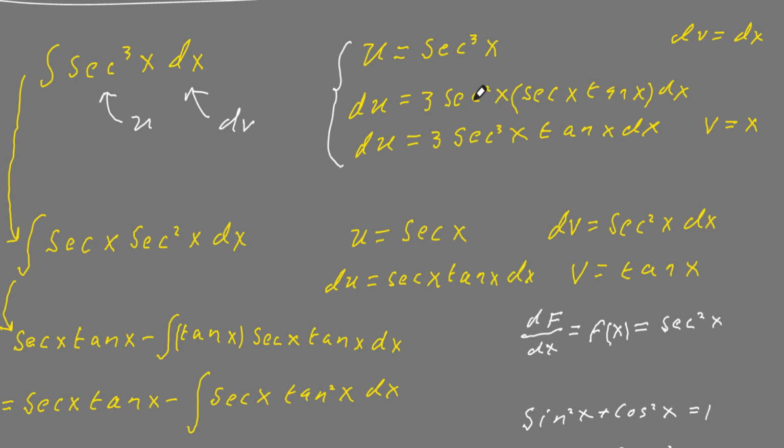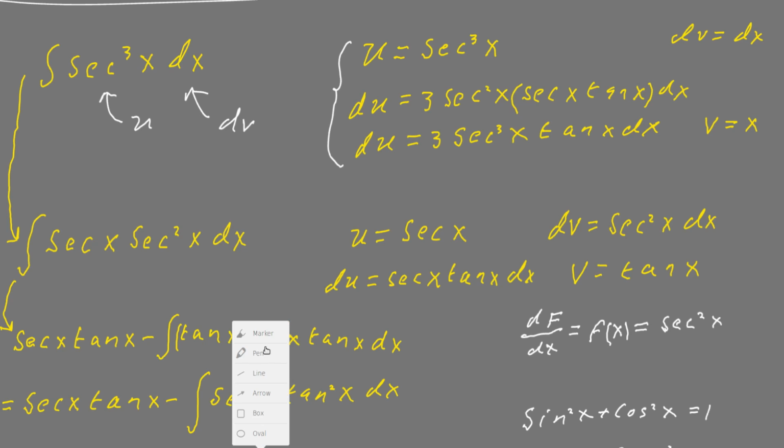Now I can combine these two secants and get secant cube x, and altogether I'll have 3 secant cube x tangent x dx. Now I need to calculate dv, so I can just integrate both sides of this equation, and on the left I'll have the integral of dv, which is just equal to v, and over here I'll have the integral of dx, which is just equal to x.